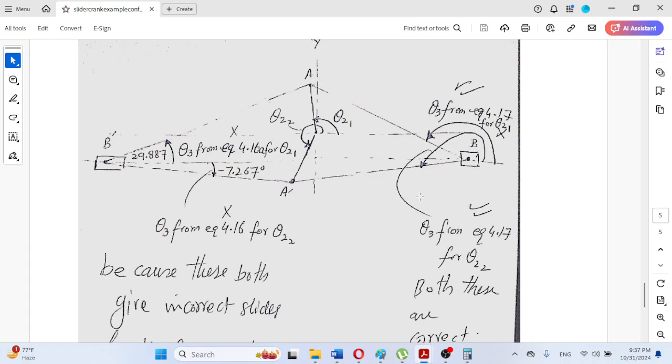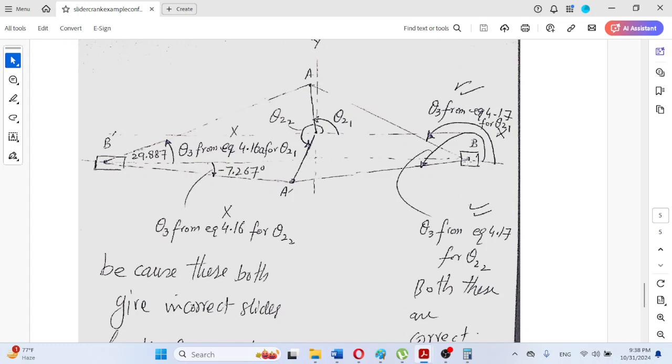So important is that we will be observing that the correct connecting rod angles are measured along the x-axis in the positive orientation, means anti-clockwise, those angles will be considered, and they are very, very important. So both of these criteria are equally to be tested, means the correct orientations of the connecting rod and correct locations of the slider, because the slider location is actually given and it is actually the input.